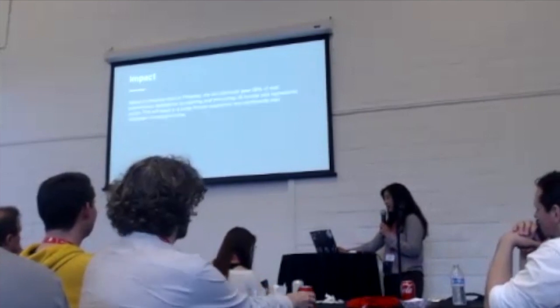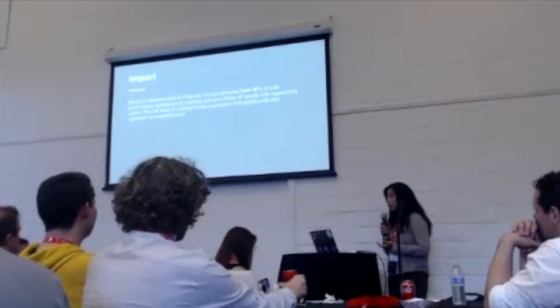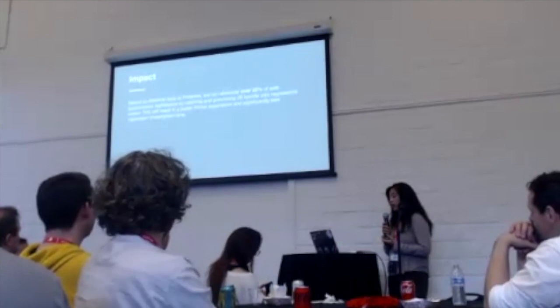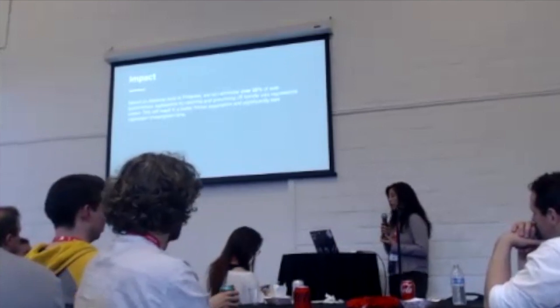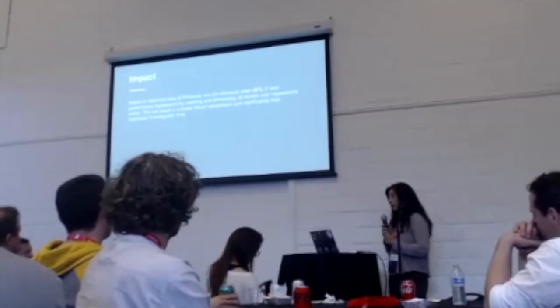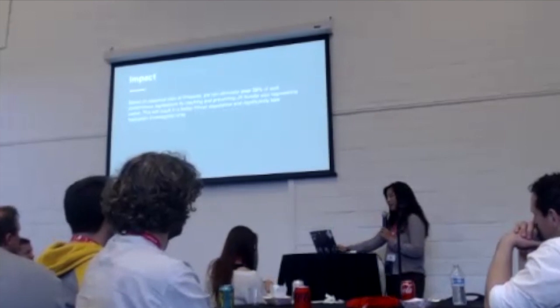So what's the impact? Based on historical data at Pinterest, we found that over 25% of our regressions on the web were due to increases in the amount of JavaScript that we're loading. So if we could catch and prevent those types of regressions earlier, we would improve our user experience and also save a lot of time from our team having to investigate all those regressions.